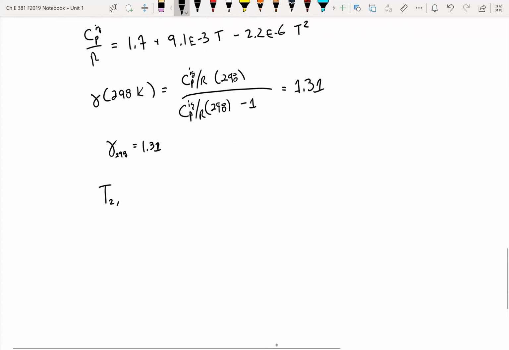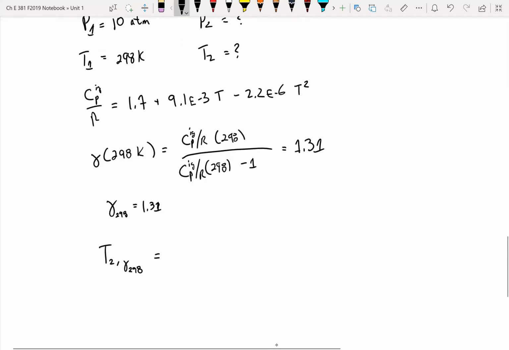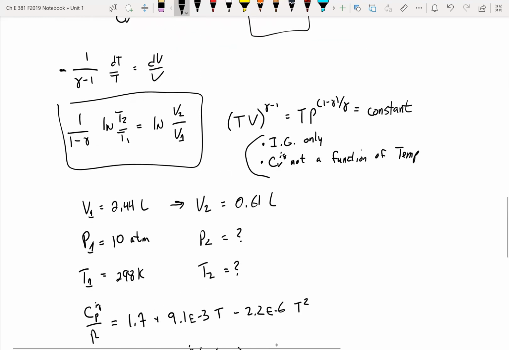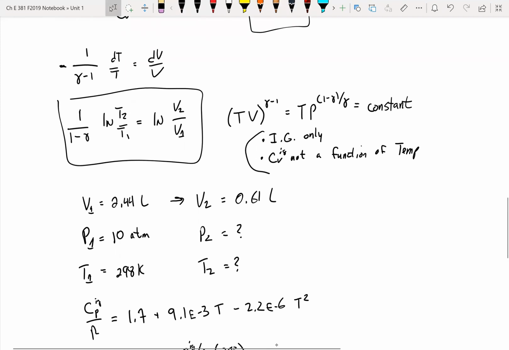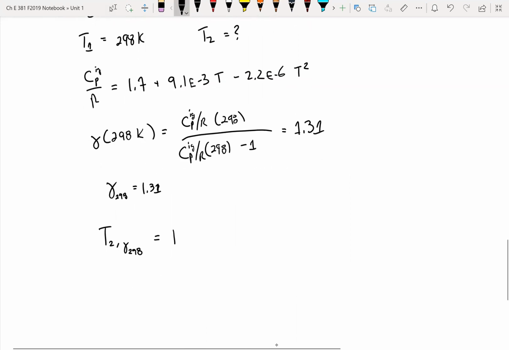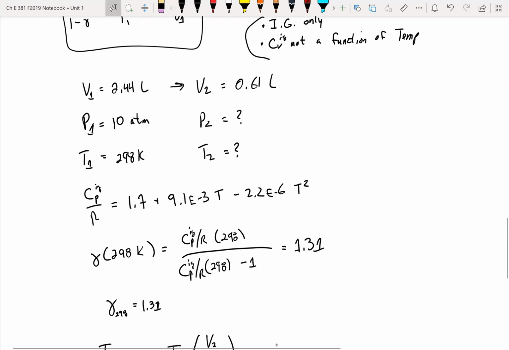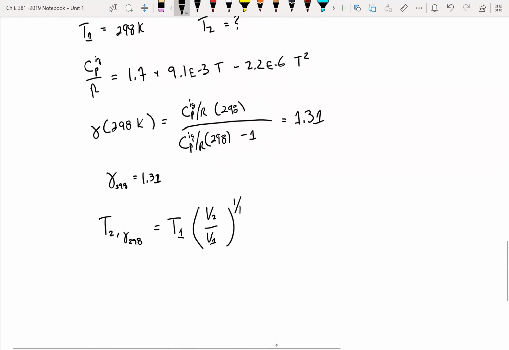So T2, using gamma 298, I'm going to calculate that just using this formula here. So that is going to be T1 times V2 over V1 raised to the power of 1 over 1 minus gamma 298.